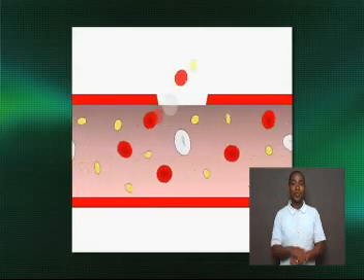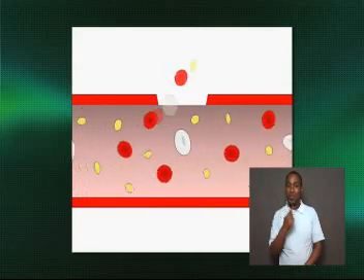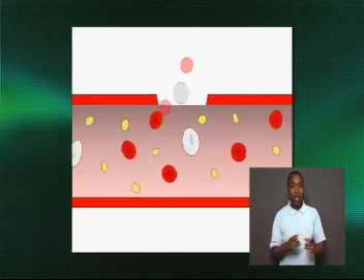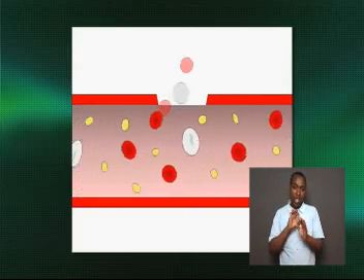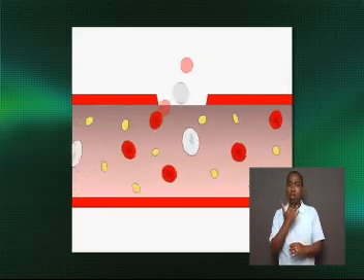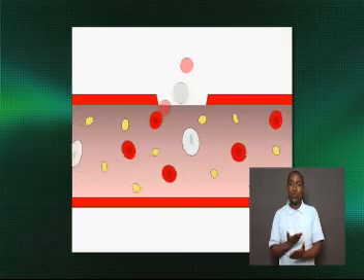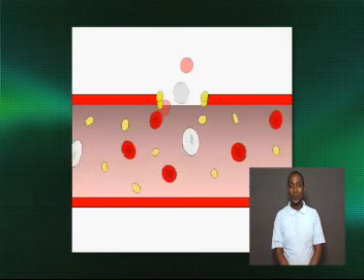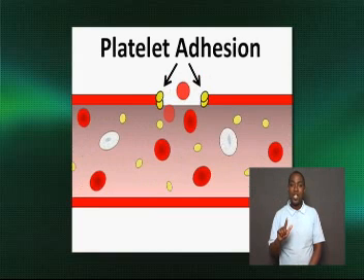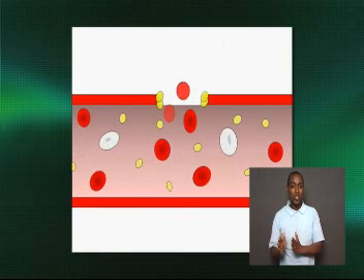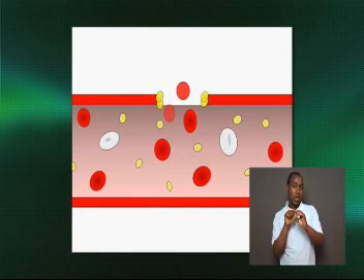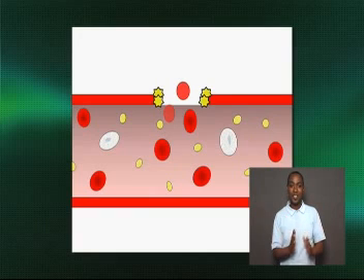Platelets are cell fragments without nuclei that work with blood-clotting substances at the sites of wounds. Platelets do this by adhering to the walls of blood vessels, thereby blocking the rupture in the vascular wall.